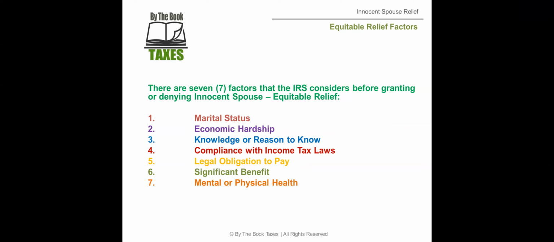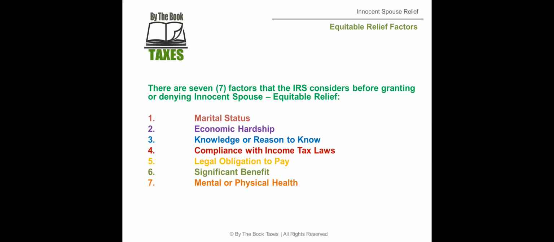Here are 7 of them. I'm not going to go into detail because you could write books and chapters on this subject, but these are the factors that the IRS looks at when weighing whether or not to grant relief or to deny relief.